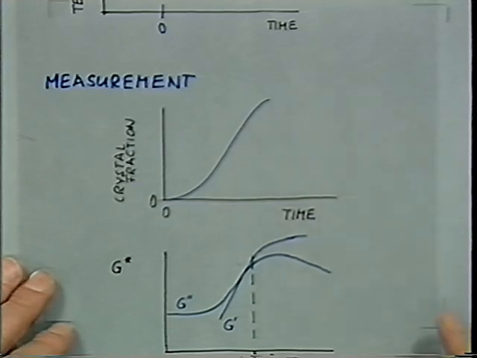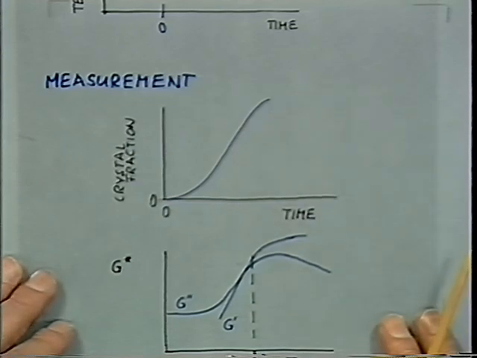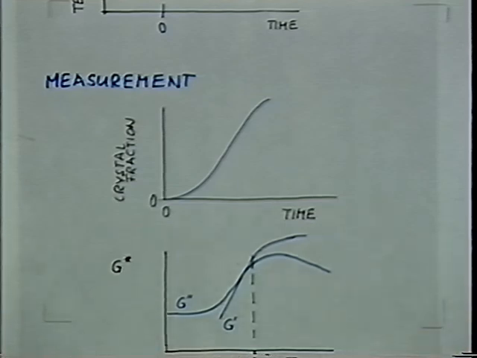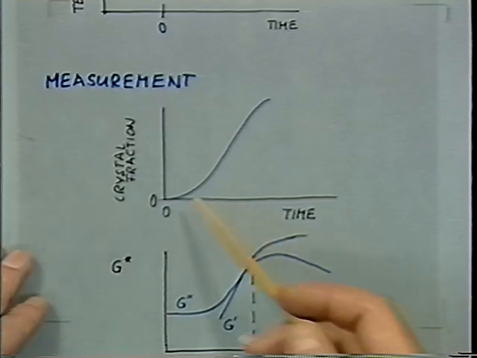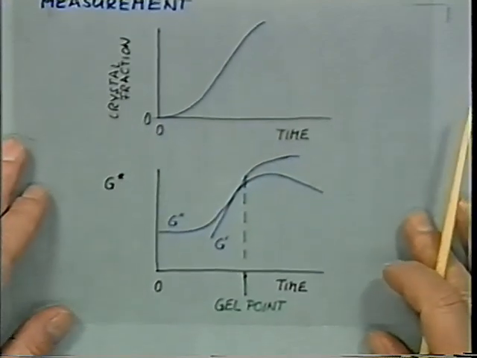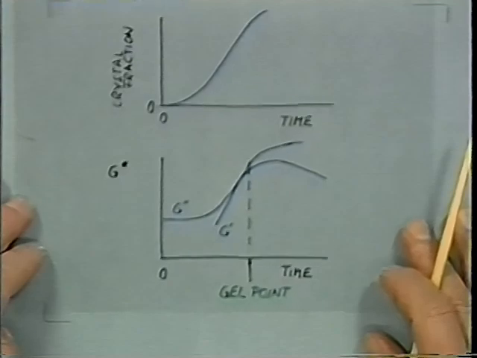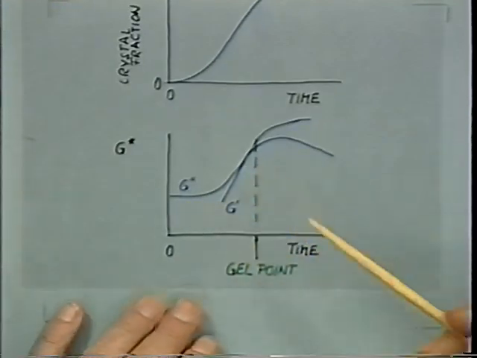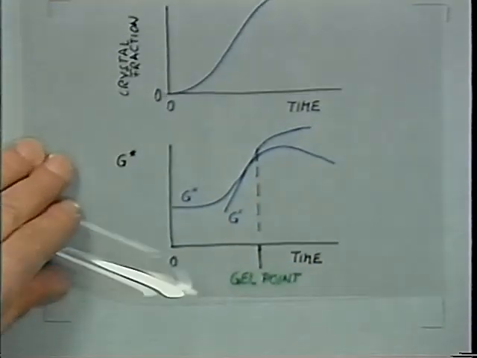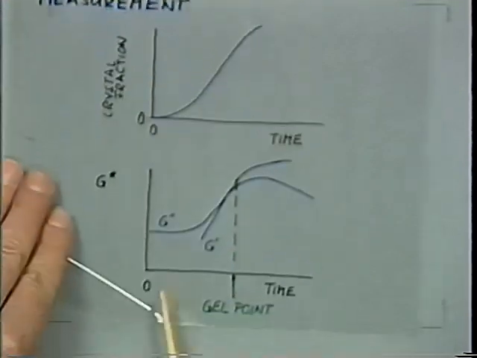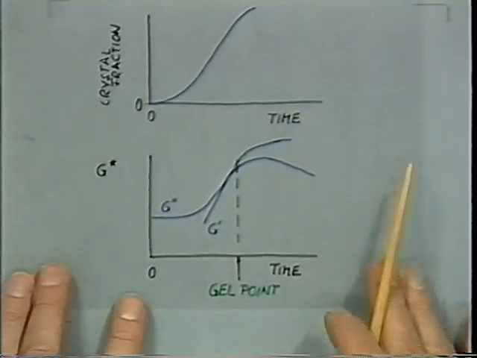So it's often very slow. In polyethylene, that's extremely fast because the chains can move into a lattice position very, very quickly. But for many polymers, it's a fairly slow process, and we can follow that process rheologically. We can measure G prime, G double prime. Starting at t equals 0, now we start with a liquid material.